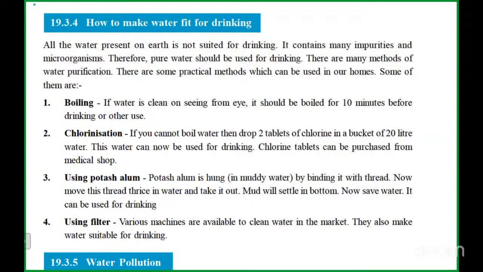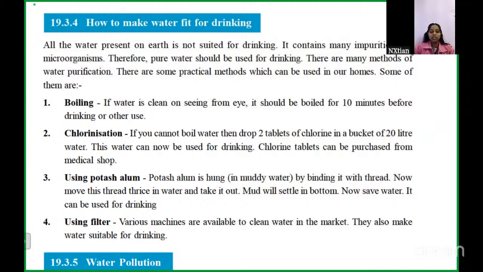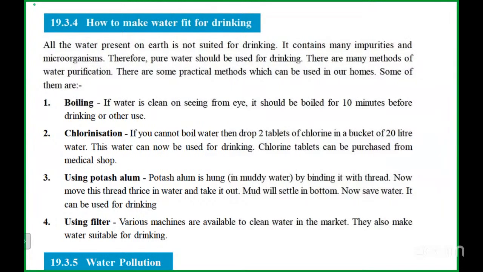Then write filter, how we can do it with filter. Explain that. Then move on to how we can conserve water. Write 3 to 4 points in water conservation. That way you can answer it. I require explanation when you are answering the paper.